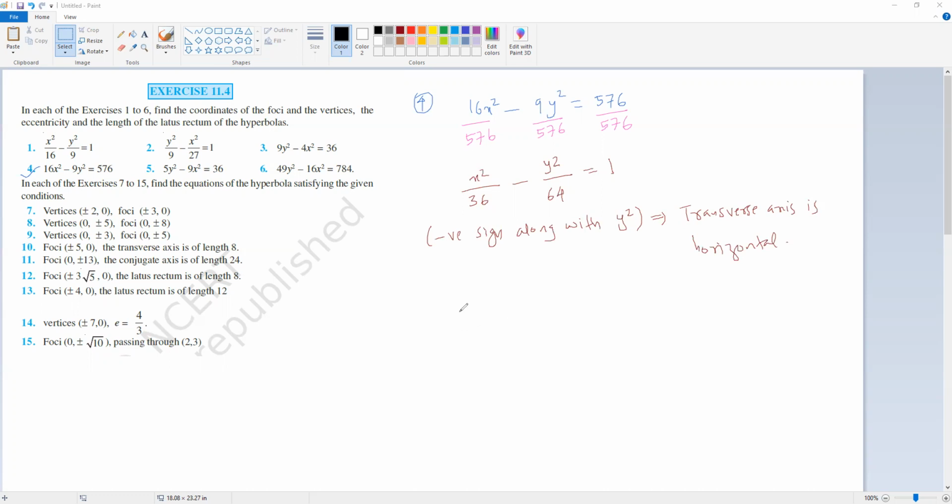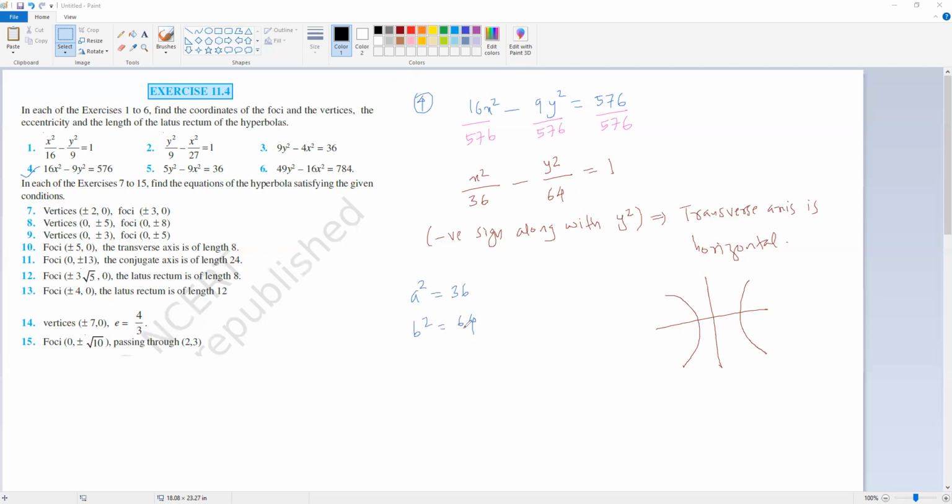Now you have a rough picture: transverse axis horizontal, meaning the picture will come like this, this is the hyperbola. Now whatever comes under the positive term, that is your a square. So a square is 36 here, b square is 64.